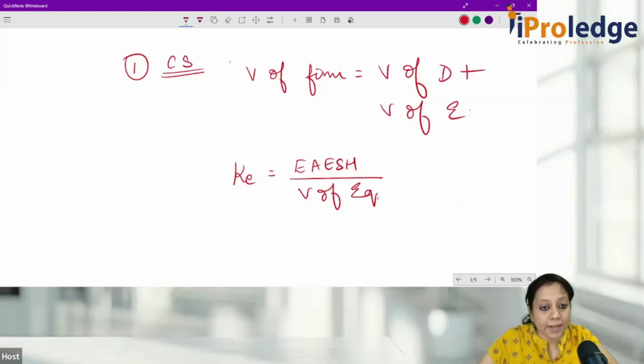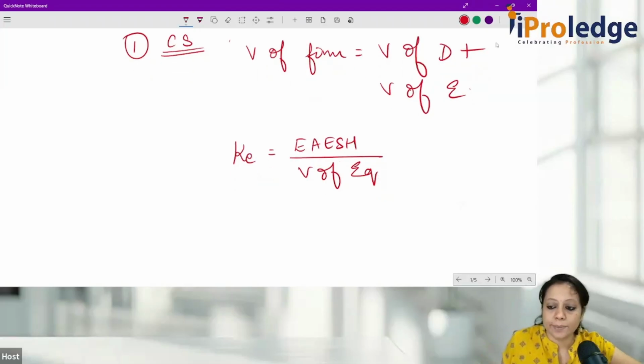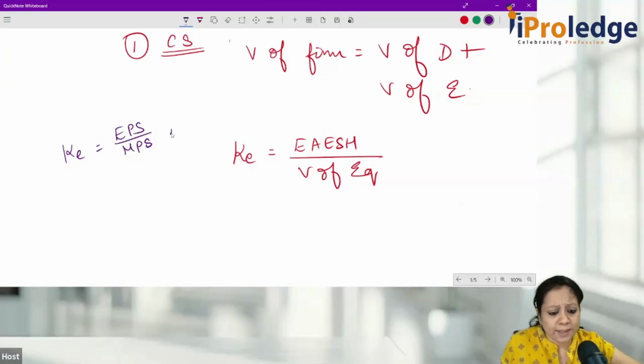In regular class, we have derived this as well. Now we do not have much time for it, so I'm just going to go ahead, but I'll give you a quick way to remember it. See, KE, yesterday in cost of capital, we've seen the formula is EPS over MPS. In simple words, MPS is, say, for example, 40. That is the market price of my company's share.